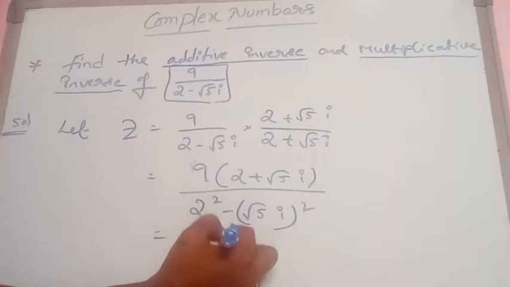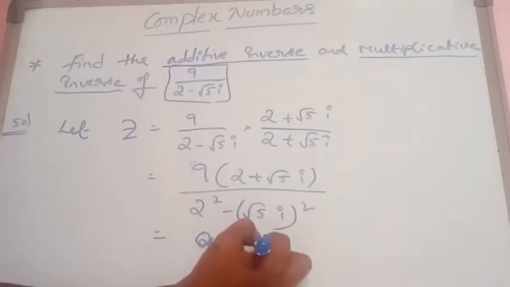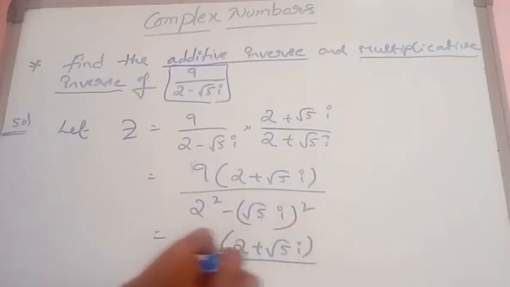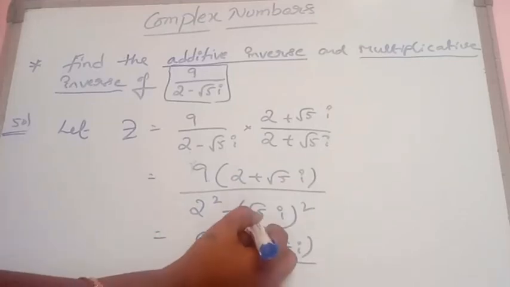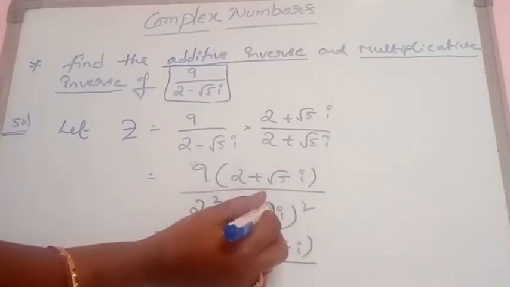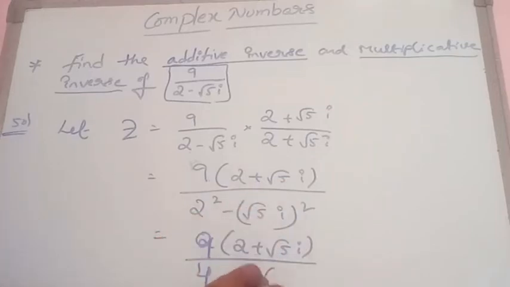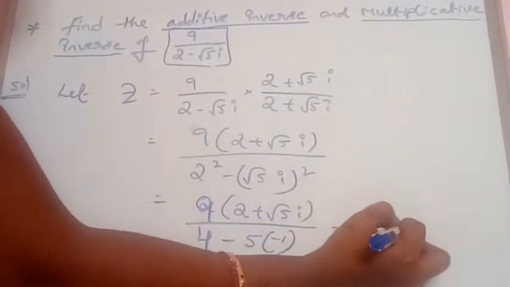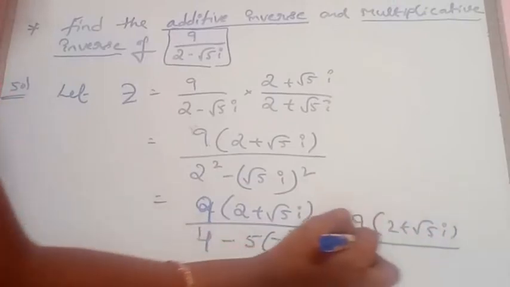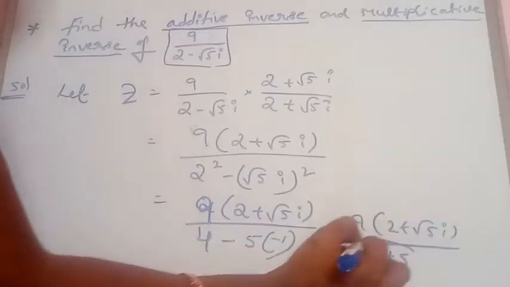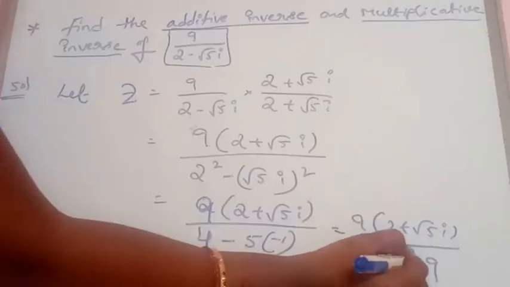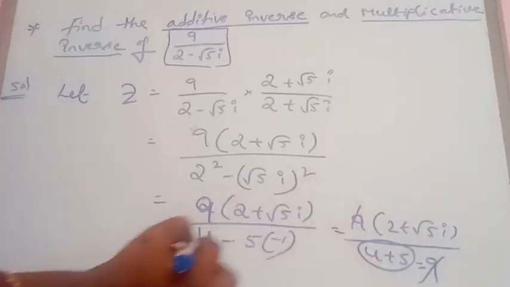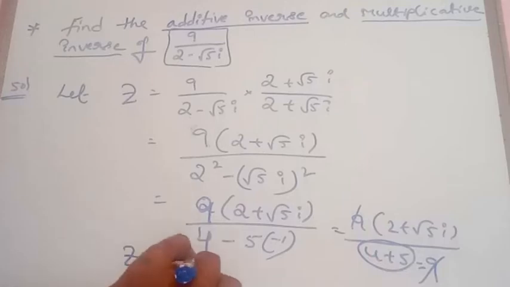That means 9 into 2 plus root 5i by 2 square means 4, minus root 5 whole square means 5, and i square means minus 1. That is equal to 9 into 2 plus root 5i by 4 plus 5. So 4 plus 5 is nothing but 9. So 9 cancels. Then z is equal to 2 plus root 5i.